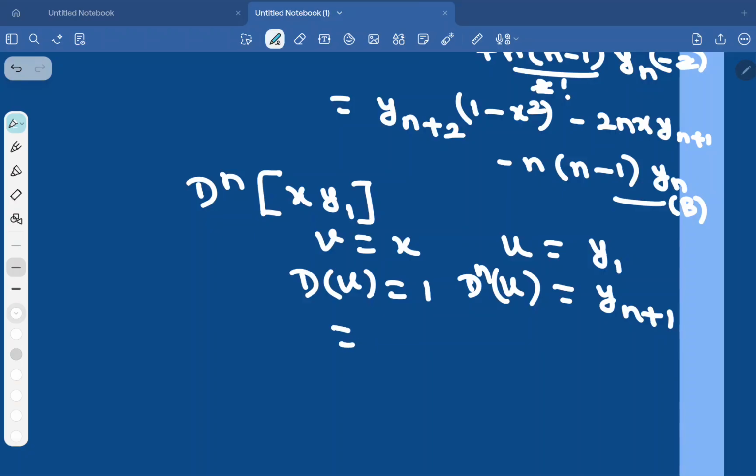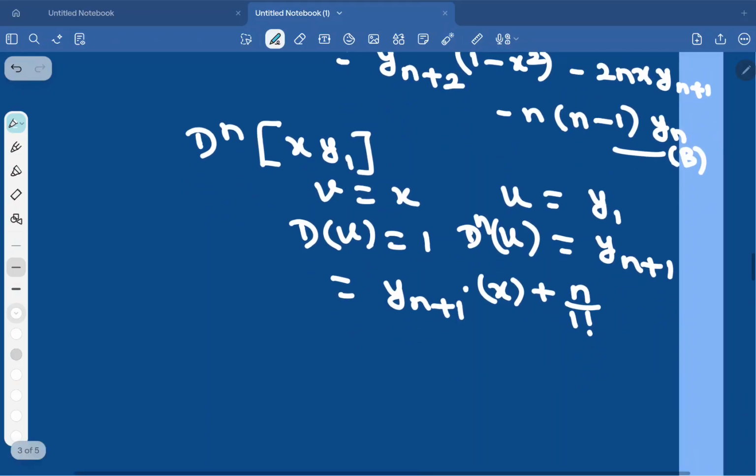Substitute all this in Leibniz theorem. d power n of u y n plus 1 into v is x, plus n by 1 factorial d power n minus 1 of u, y n minus 1 plus 1.